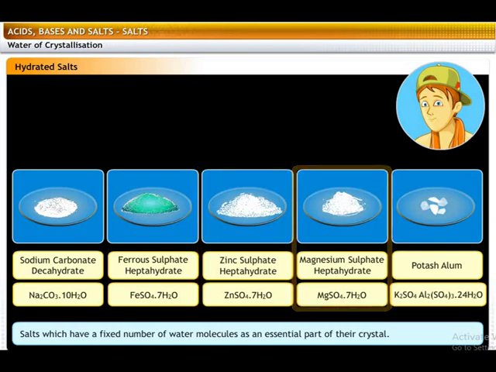Magnesium sulfate heptahydrate, or Epsom salt, MgSO4·7H2O. Potash alum is the sulfate of potassium and aluminium with 24 water molecules, K2SO4·Al2(SO4)3·24H2O.